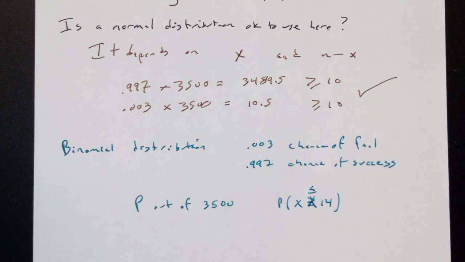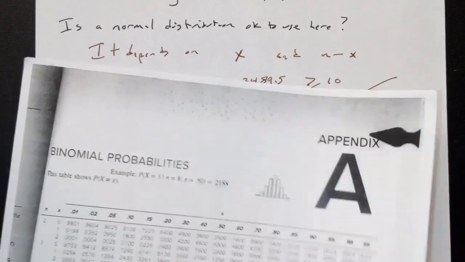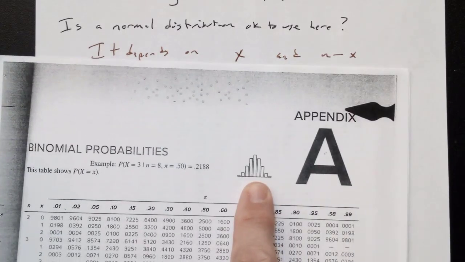The binomial picture has each individual bar. My tables. So really what I'm looking for is the number down here.